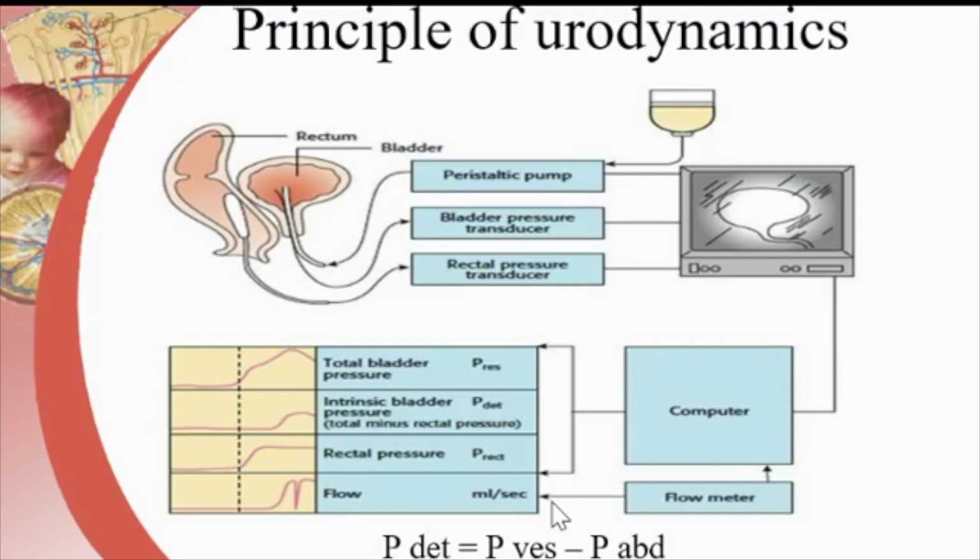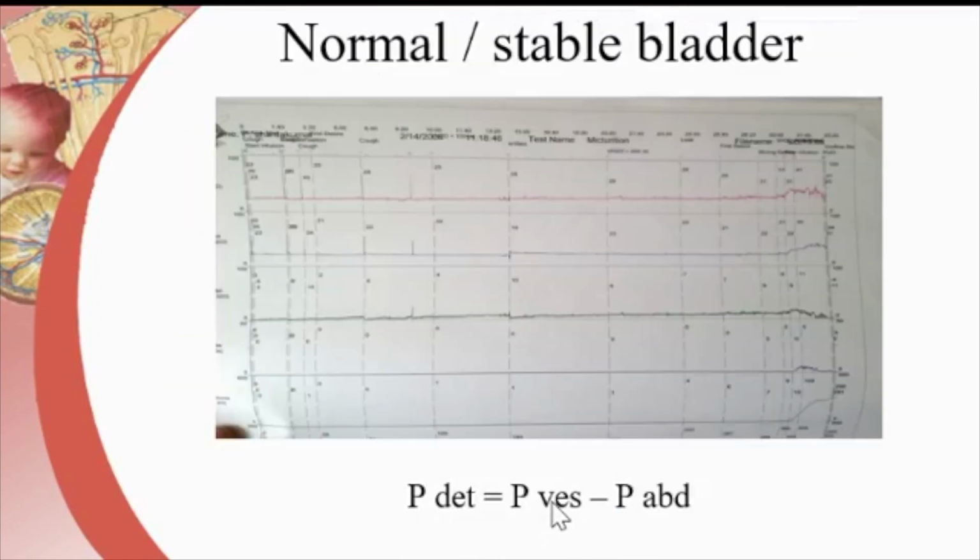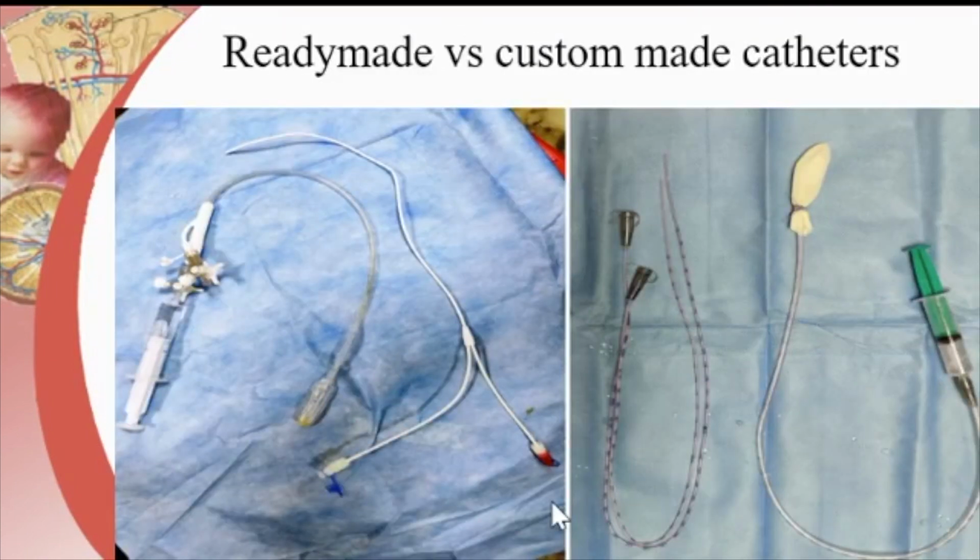So the equation is P detrusor equals P vesical minus P abdomen, which is the rectal pressure. That is how a normal or stable bladder looks like. All three lines: usually the top line is the vesical line, the second line is the rectal line, and the third line is the detrusor line.